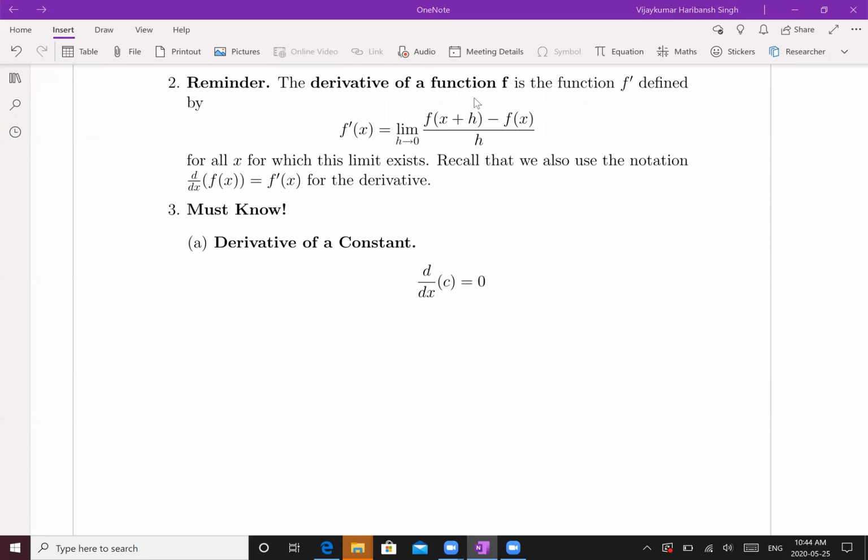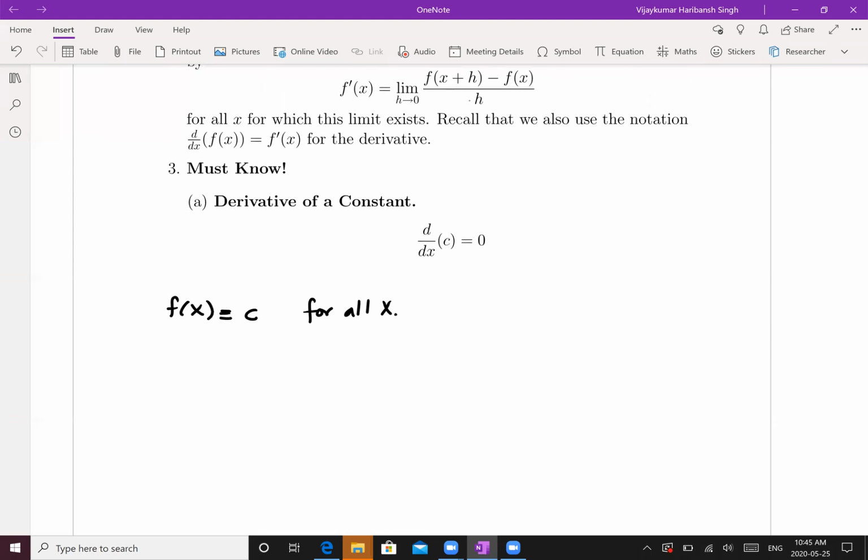So how would we go about it? In this case, f of x can be thought of as a constant function c for all x. So then the derivative f prime x is the limit as h goes to 0 of f of x plus h minus f of x over h.